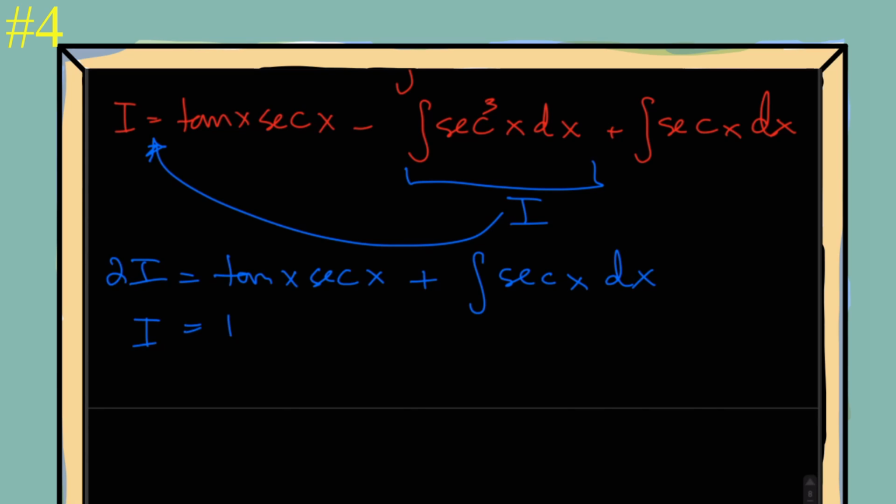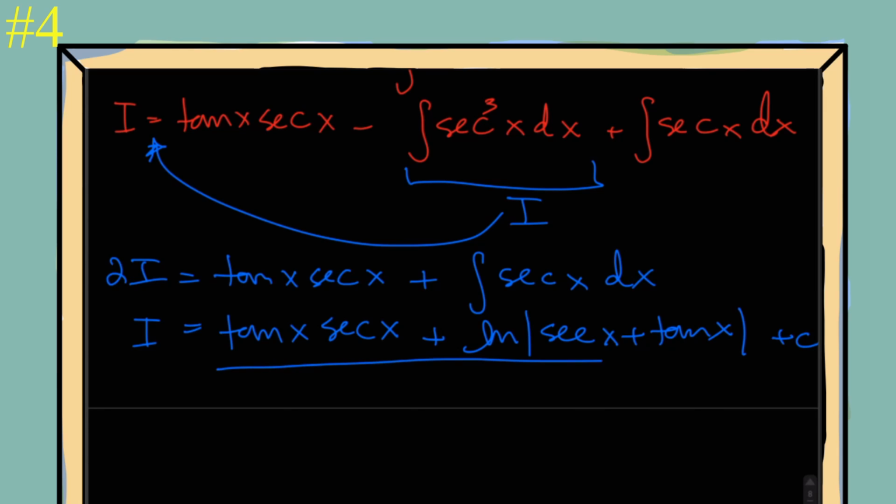So the final answer will be tan x secant x plus ln of secant x plus tan x plus c, and all that is divided by 2. So that is one way to solve this problem.